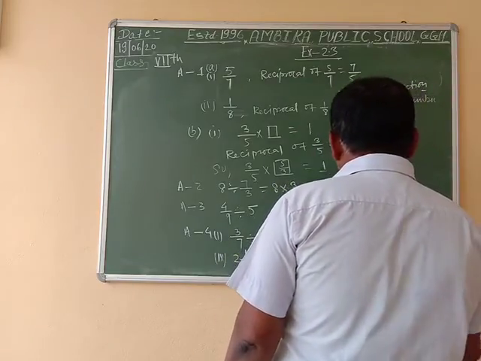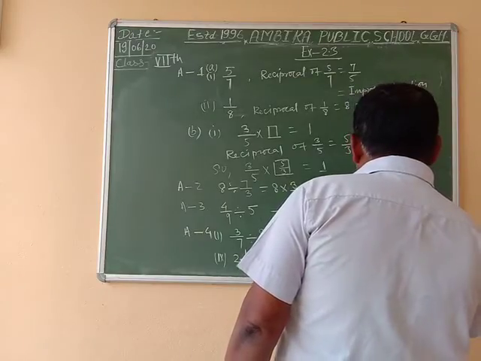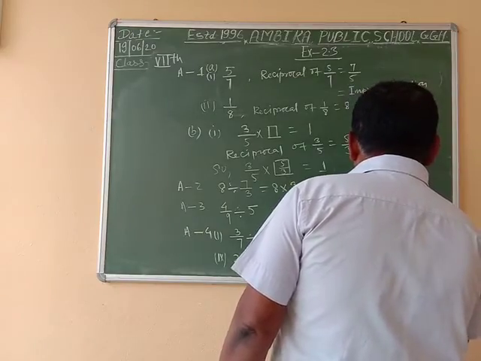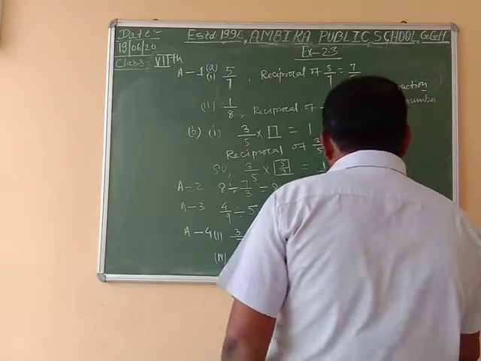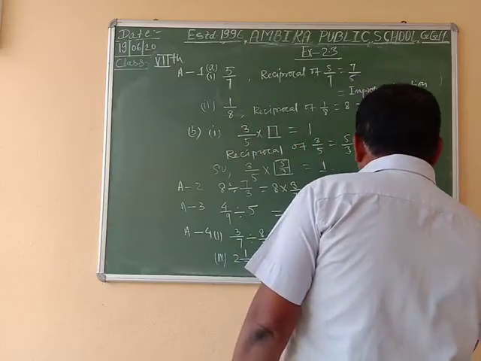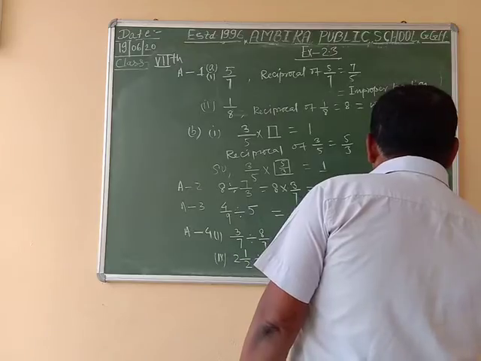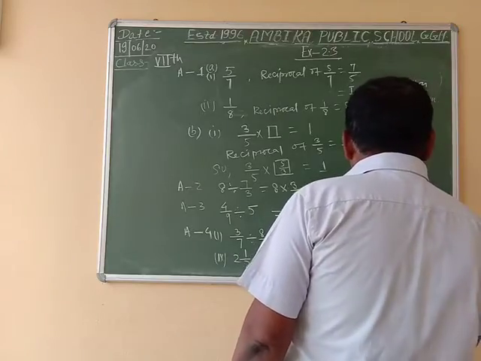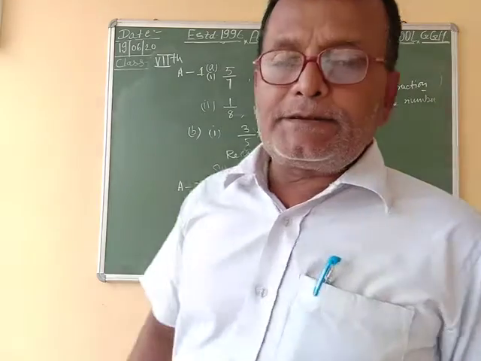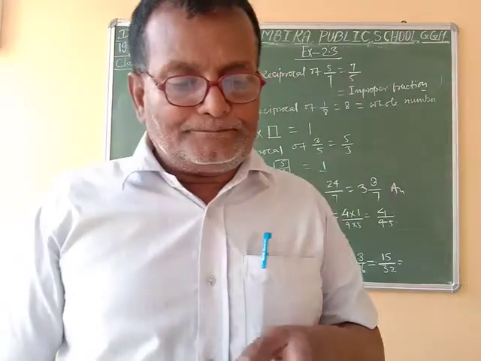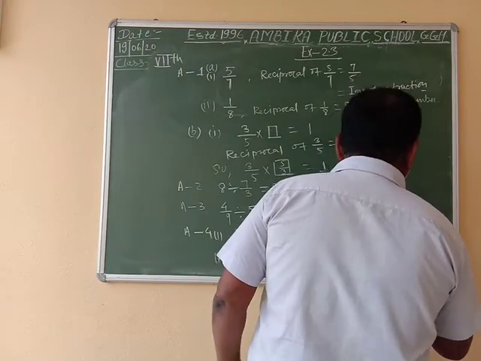Now multiply 5 and 3, we get 15 as the product, and multiplying 2 with 16, we get 32. This is a proper fraction because the numerator is less than the denominator, hence the answer is 15 by 32.